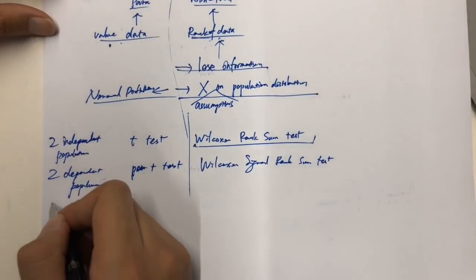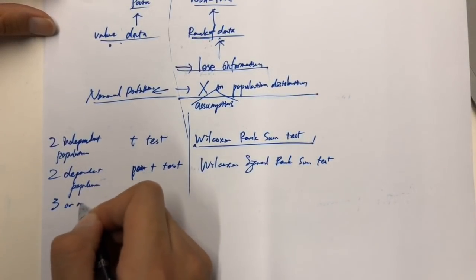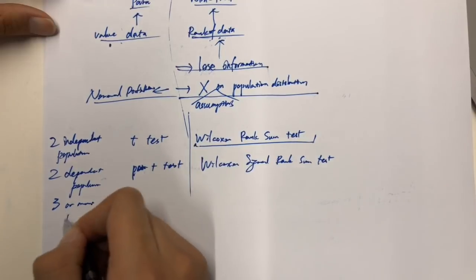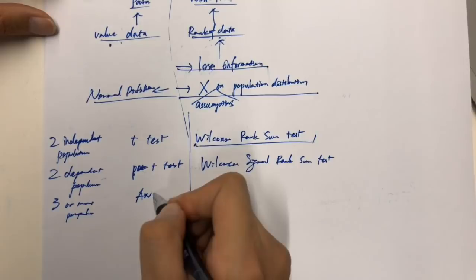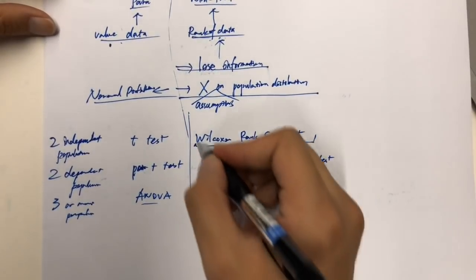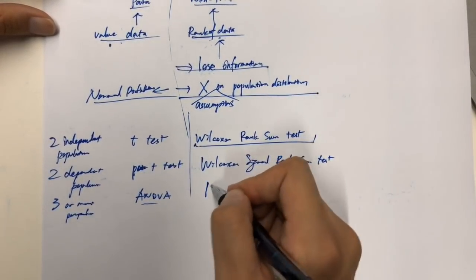And lastly, if we have three or more populations, we have ANOVA to test it, and for non-parametric, we have Kruskal-Wallis.